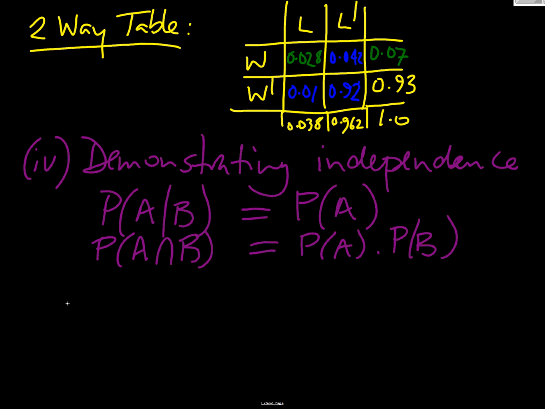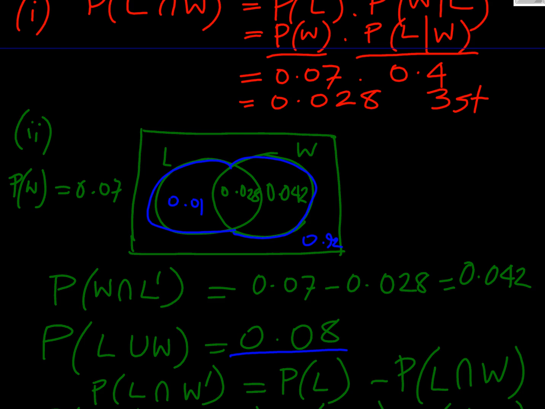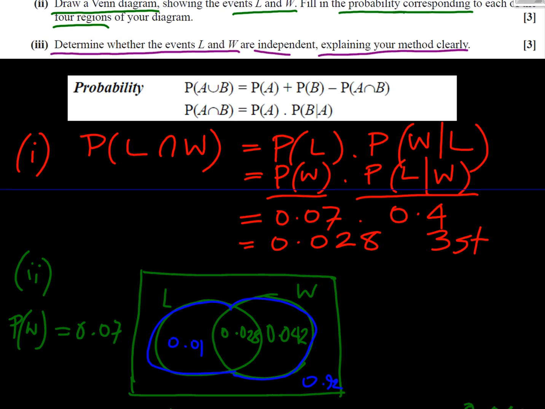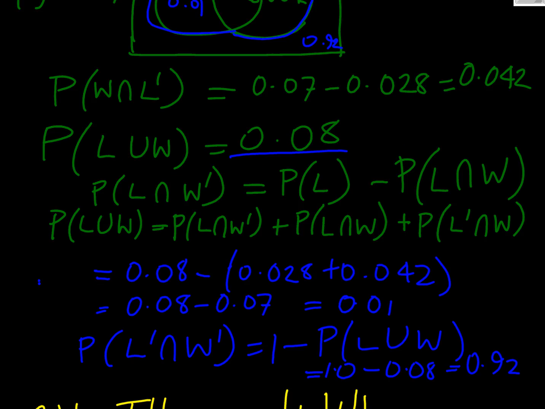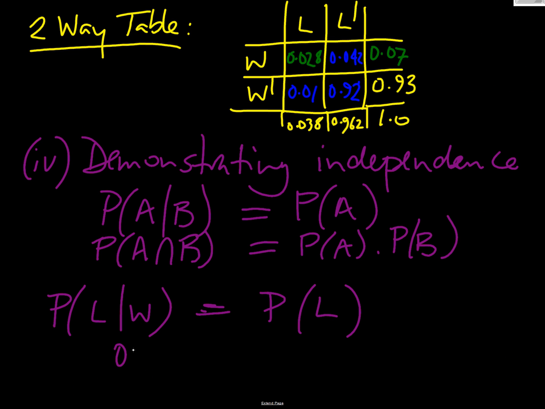We've got the probability of L given W. Does that equal the probability of L? Well, they gave us the probability of L given W in the question, up the top here, it was 0.4. And what have we worked out for the probability of L?